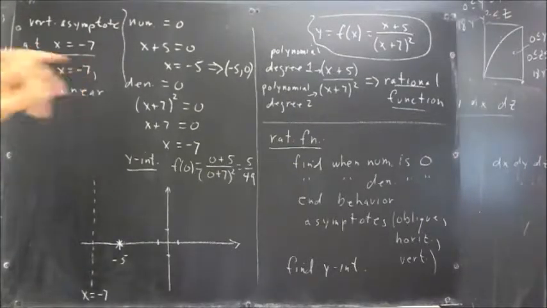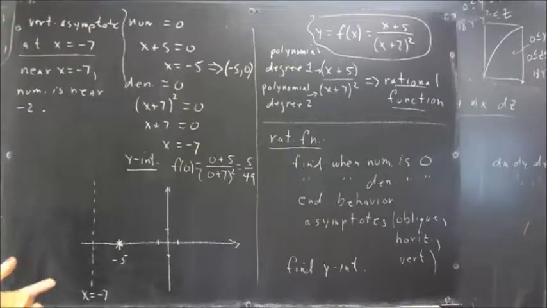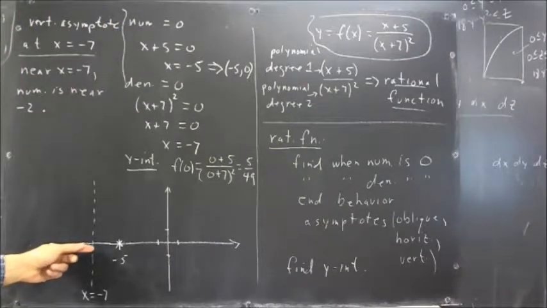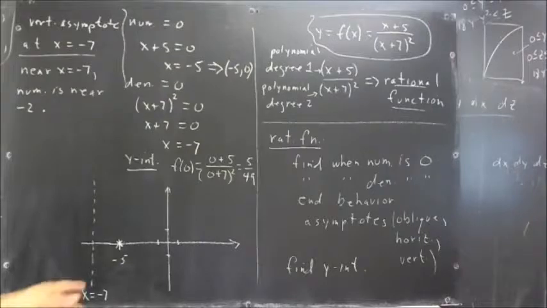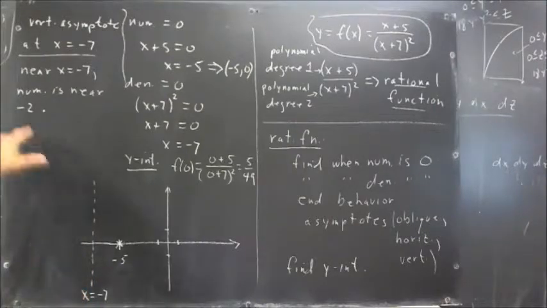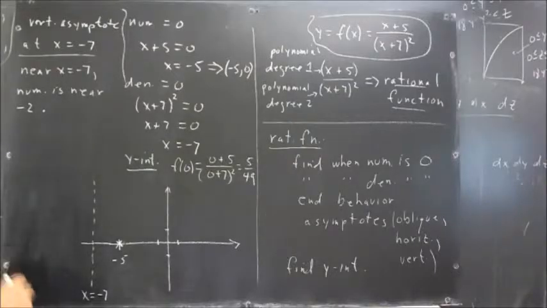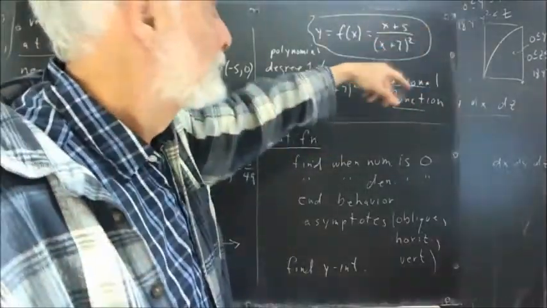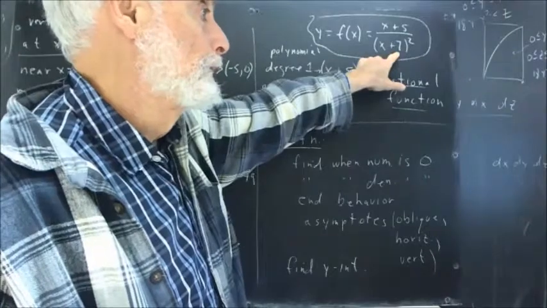So if we divide the numerator by this denominator that approaches 0 as we approach x equals -7, we're going to get a negative result. Okay. The other thing is, we're going to get a negative result if this is positive.